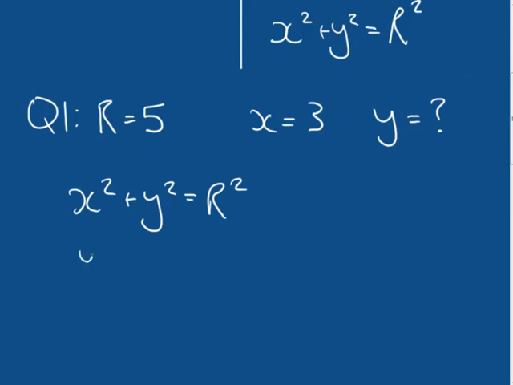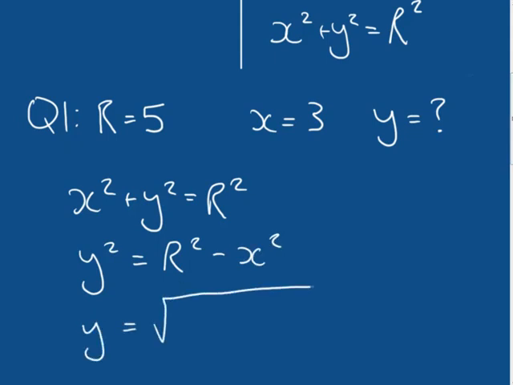So we can see that y squared is equal to r squared minus x squared. Therefore y is equal to the square root of r squared minus x squared. But notice y is not a distance in this case. Y is a coordinate, and that means because we're not just finding a distance, we must remember it's plus or minus the square root. That's why we can get 2 different y coordinates.